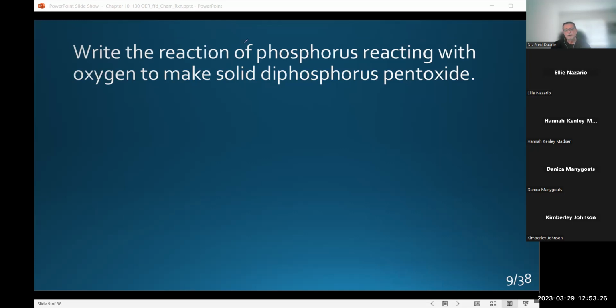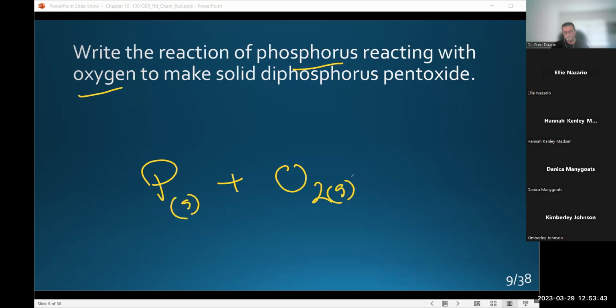so we have phosphorus, which we know is P, reacting with, is our signal for plus, oxygen, O2. So phosphorus is a solid, and oxygen obviously is a gas. Okay. To make, okay, is the key word for the reaction arrow. Okay.